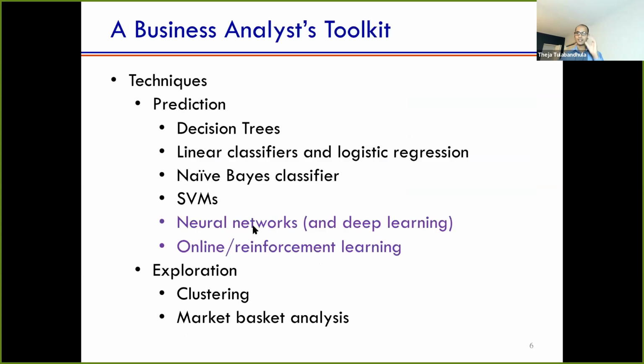Okay, so with that, let's talk about how it fits in with respect to the rest of machine learning. In terms of techniques, let's say we bucket them into two sets: prediction-based techniques and exploration-based techniques. By exploration, I just mean unsupervised learning, so clustering, market basket analysis, or anything else like that. On the prediction side is where we're mostly familiar with decision trees, random forests, logistic regression, naive Bayes classifier, SVMs, and so on.